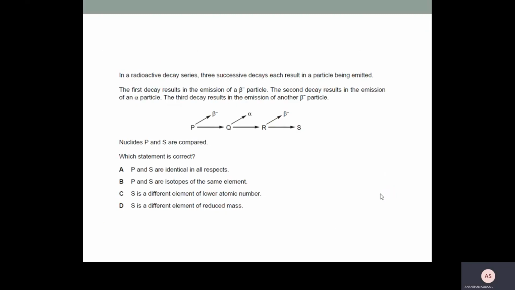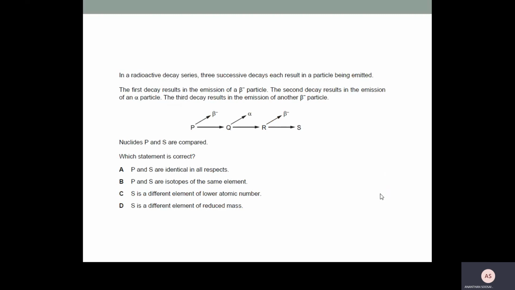Okay, last one, last for today. First is beta particle, then alpha, then beta particle.